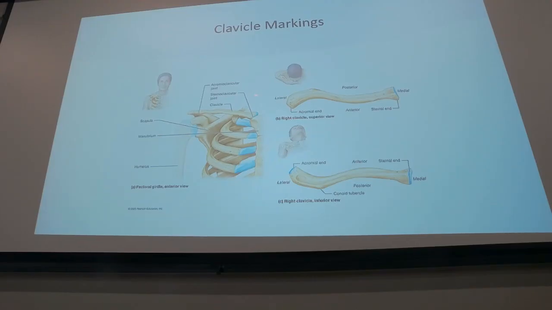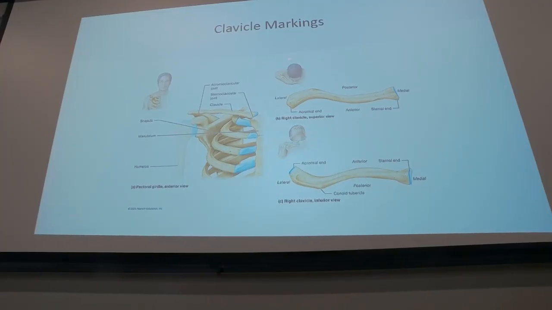Now, let's look at the markings of the bones of the pectoral or shoulder girdle. So we have here in this area of our body, anteriorly, the clavicle. The clavicle is a very thin, short bone that we have in the upper anterior part of our shoulder. And if you look from the superior view, it has an italic S shape.